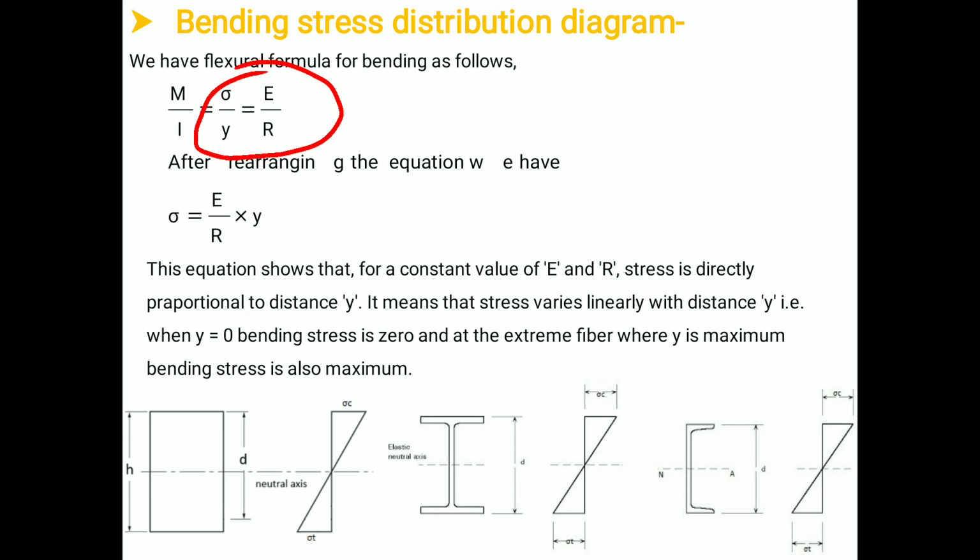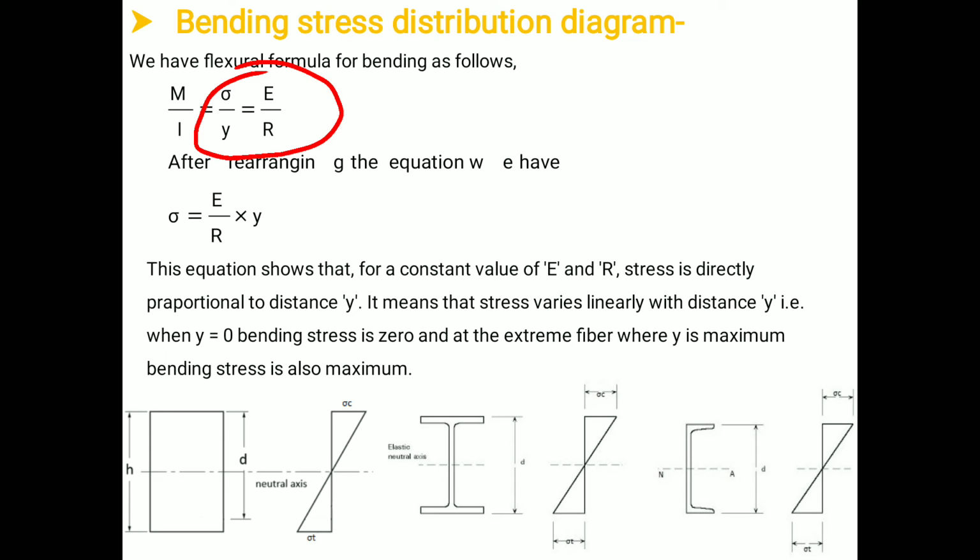For a given value of E upon R, as it is constant, sigma is directly proportional to y. It means that as the value of y increases, the value of sigma also increases, and as the value of y decreases, the value of sigma also decreases.